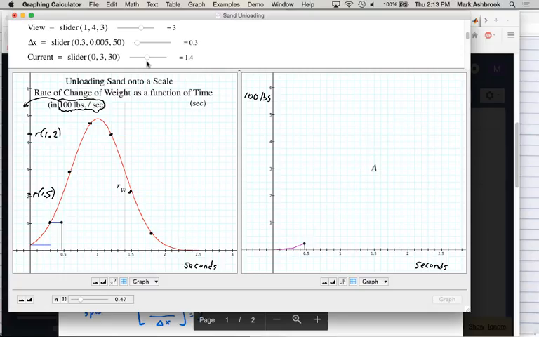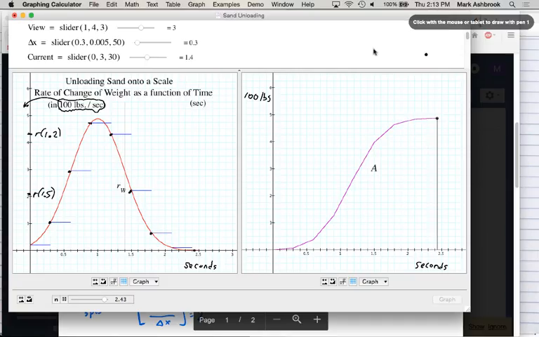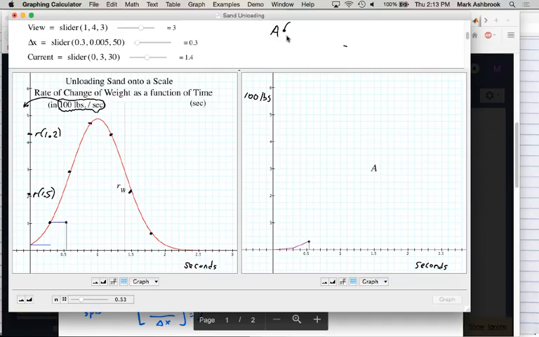So first of all, what is A of 1.4? How would you define A of 1.4? Okay, so I have the total accumulation at 1.4 seconds. First of all, is it total or net? Net. So our A function is always a net accumulation, always starting from 0.